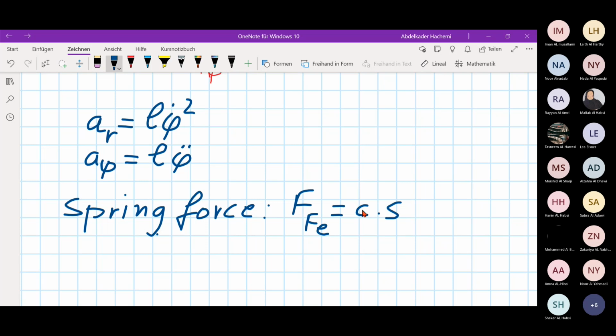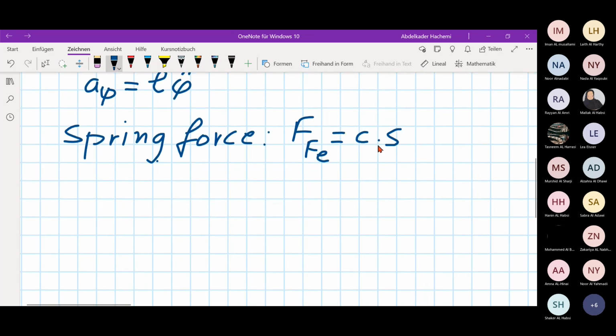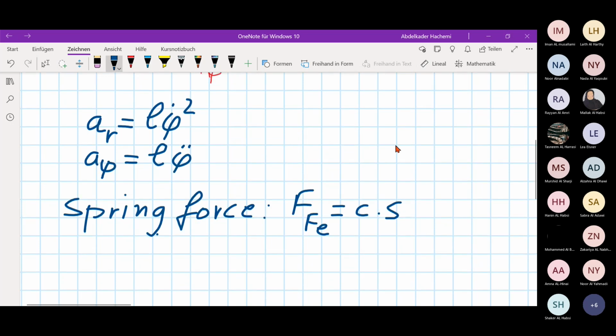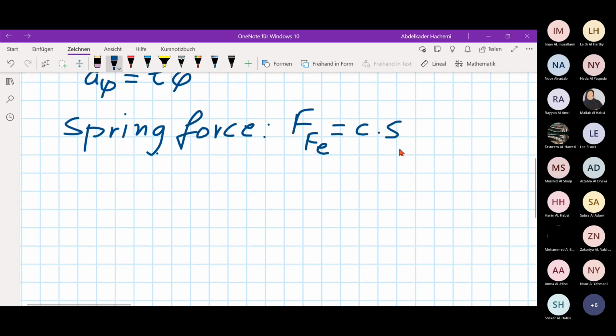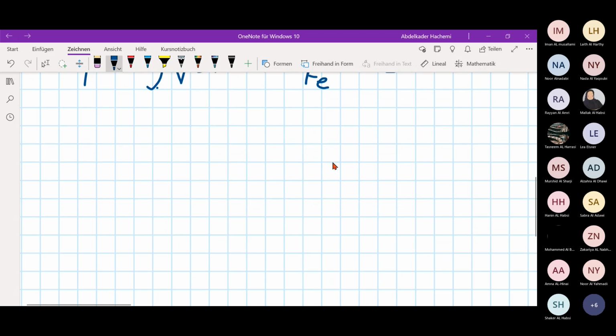Okay, that's the spring coefficient multiplied by the elongation or the compression. Now, if we define this, we know that it's the point B where the spring is connected.